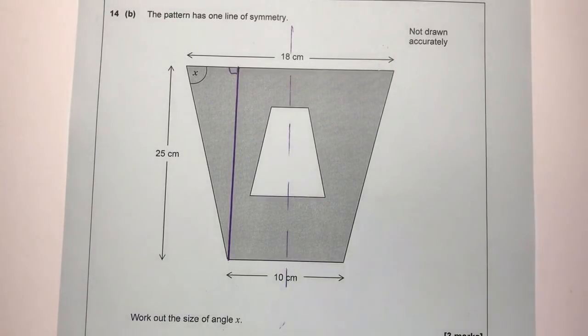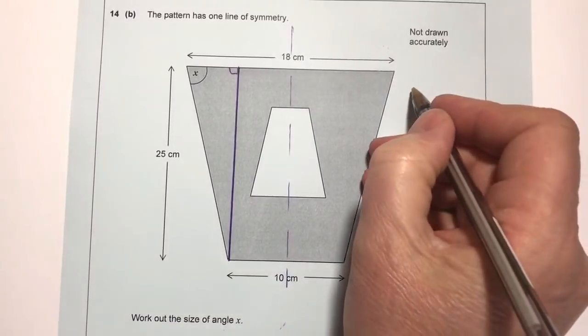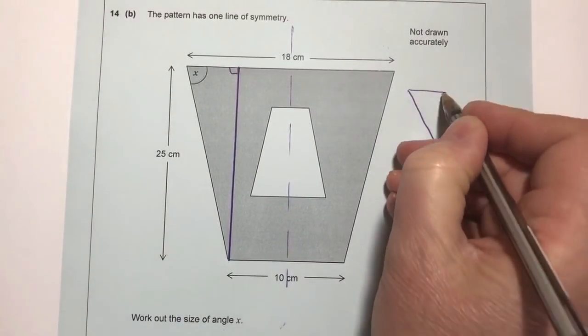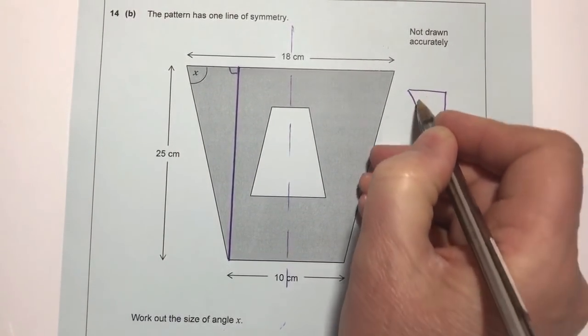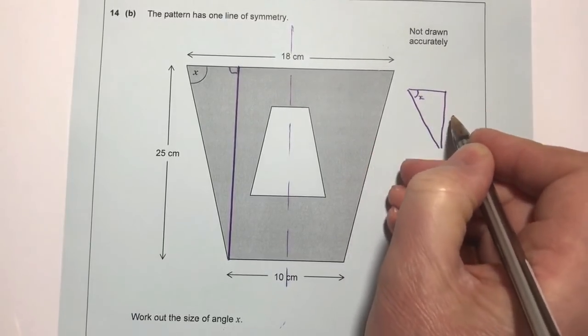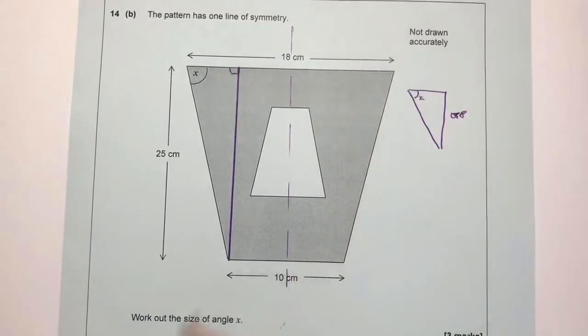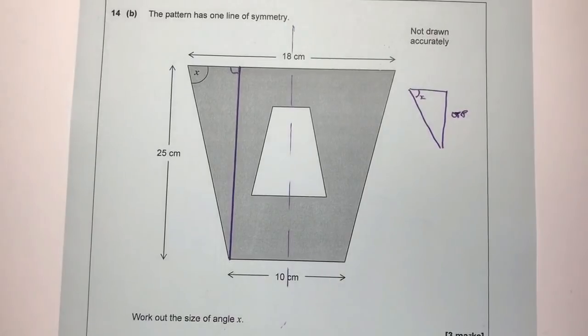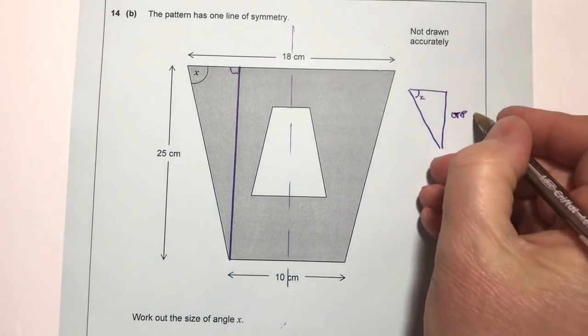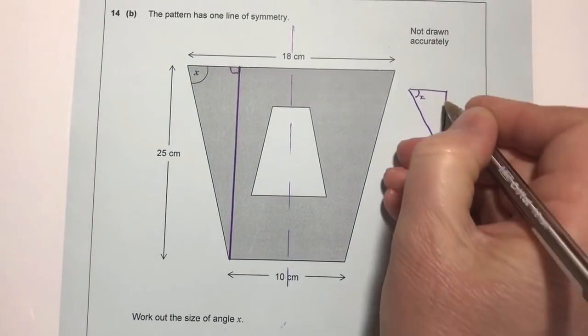And the reason I can use that is because if I just draw this at the side here, I know that this is the angle X, and the opposite to X, well, I actually know that already, that that's going to be 25 centimetres, okay?